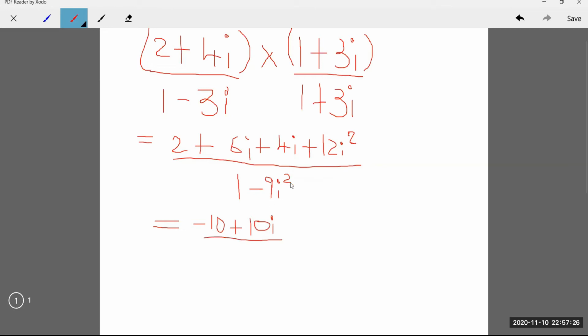As we know, i squared is negative 1, so this is minus 9 times minus 1, which is positive 9. Positive 9 plus 1 is 10. So we have negative 10 over 10, which is minus 1, plus 10i over 10, which is just i. So the answer works out to be minus 1 plus i.